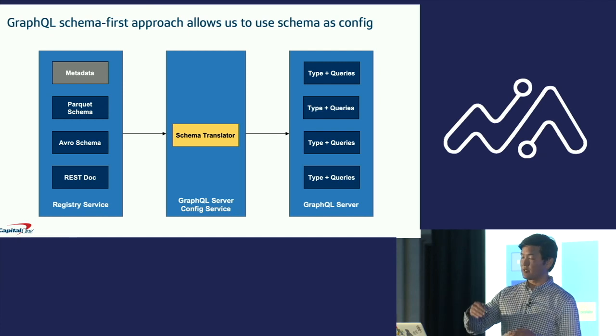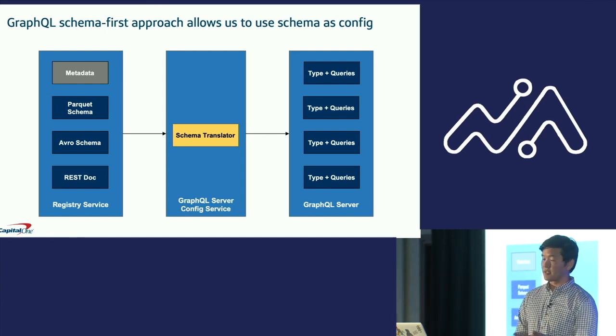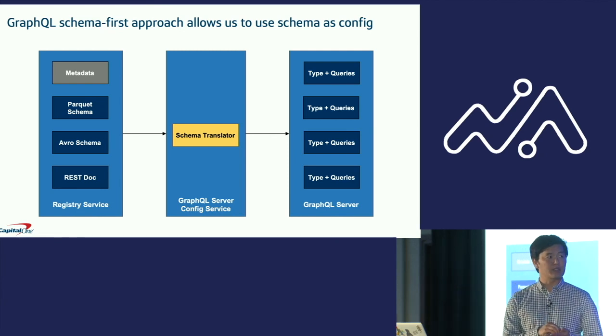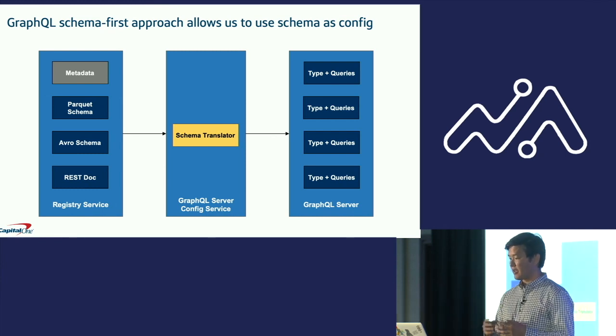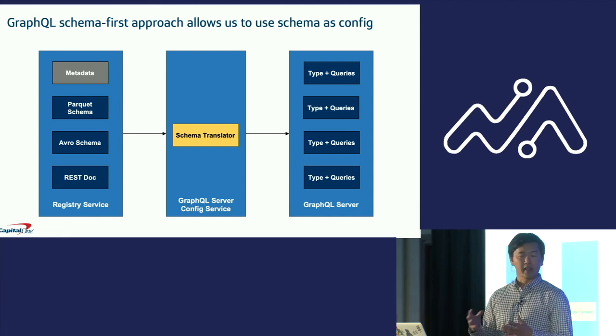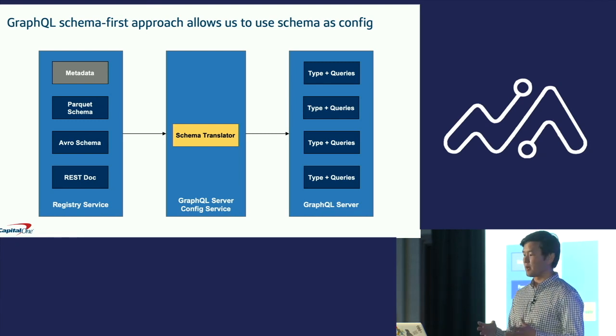It talks to the registry service to understand what data sources are out there, grabs its business metadata as well as technical metadata, along with the schema that is registered, or from a REST endpoint's perspective, the definition of what the REST endpoint looks like, and then converts that to fragments of GraphQL types and queries, and then has the data gateway stitch them up on the server side.